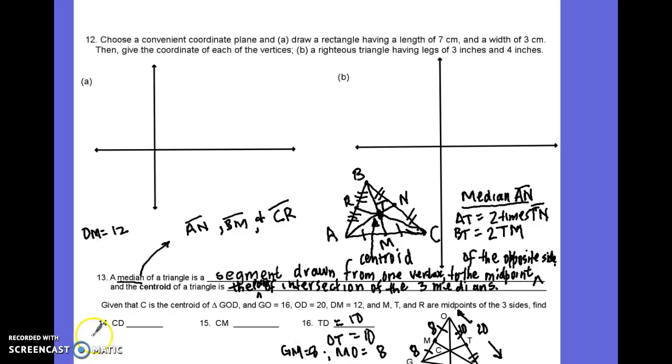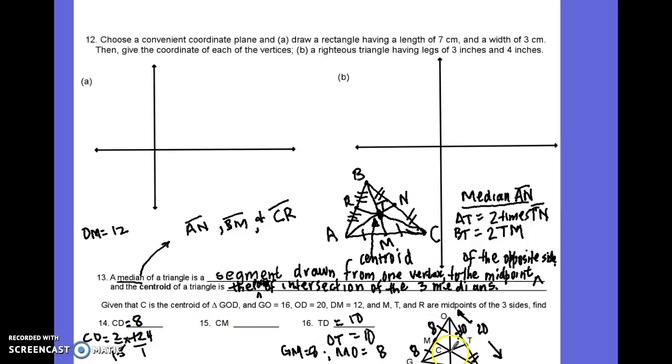So CD, which is number 14 here, is going to be 2/3 of the overall distance of 12. You can work that out simply. 3 goes into 3 once, 3 goes into 12, 4. 4 times 2 is 8, so CD is going to be 8. Let's do CM.